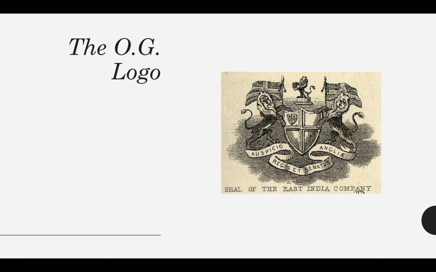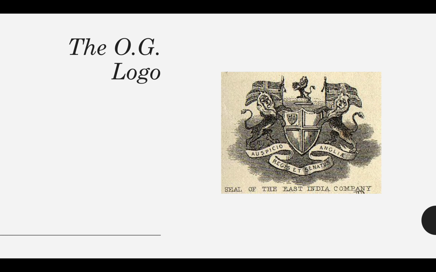So thinking about the history of a logo, just to give you guys a little bit of background, when trade really started heavily back in the 12th, 13th centuries, people started marking their products and goods with coats of arms, with insignias. And this is the seal of the East India Trading Company, which you guys are aware of from history.